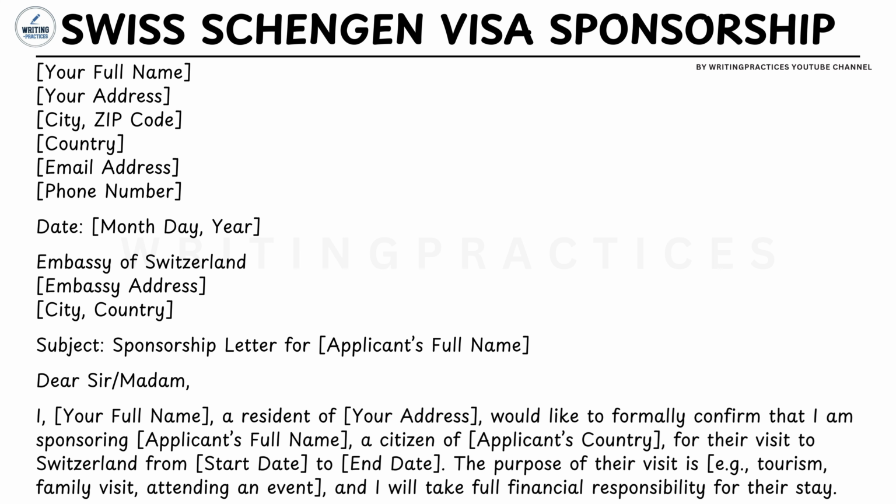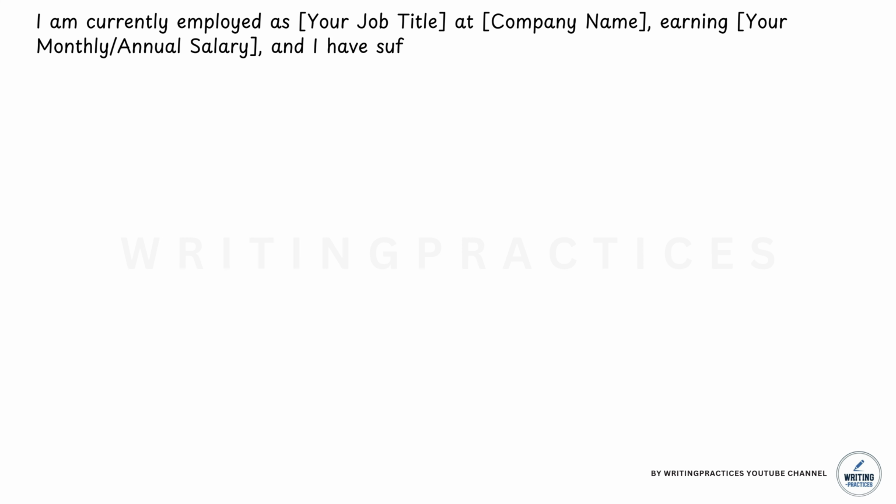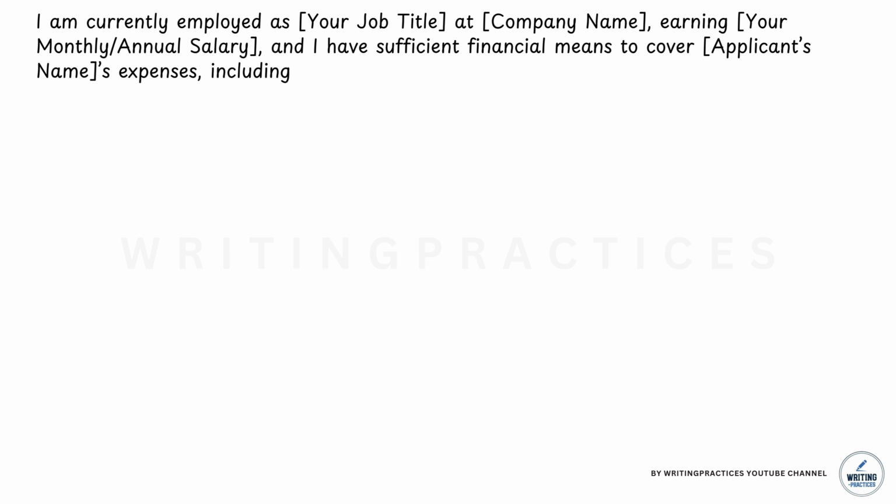Financial capability, demonstrating your ability to sponsor. The embassy needs to be sure that you have the financial means to support the applicant. This section of the letter provides that assurance. Example: I am currently employed as your job title at company name, earning your monthly or annual salary, and I have sufficient financial means to cover applicant's name's expenses, including accommodation, food, travel, and other necessary costs during their stay in Switzerland.